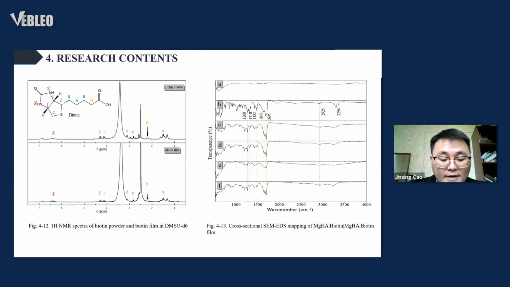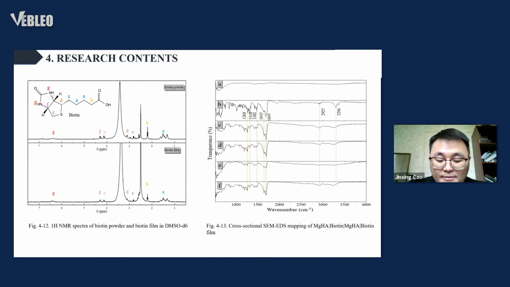Figure 4-12 shows the HNMR spectrum of biotin powder and biotin film. It was found that these peaks all exist in the biotin film without a chemical shift, which also indicated that the biotin film prepared by LEBD technology could protect the biotin structure from degradation. Figure 4-13 shows the FTIR spectrum of different films.